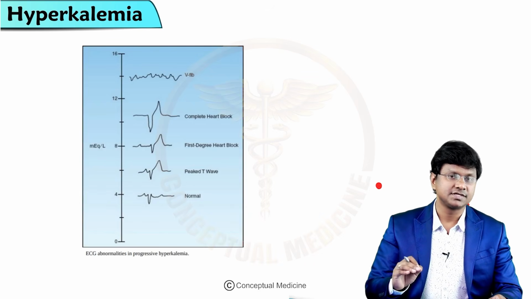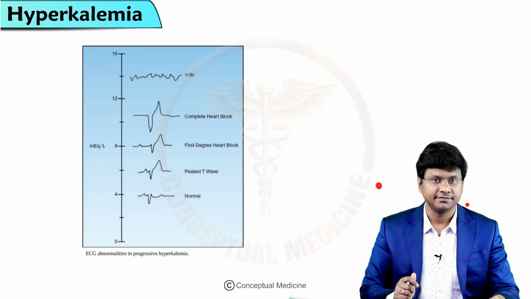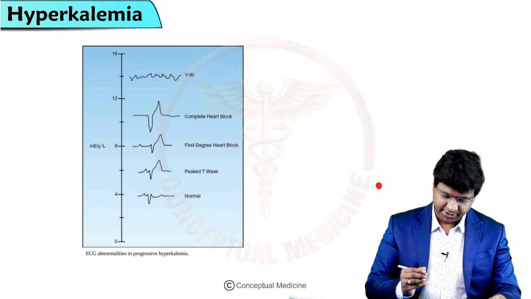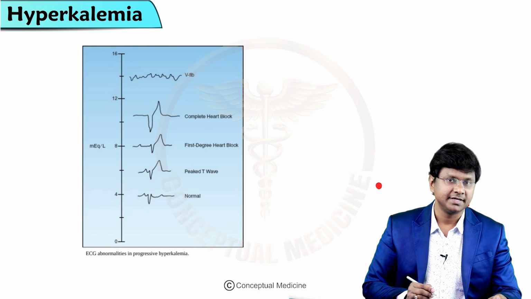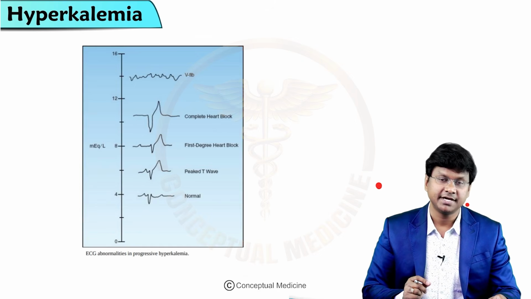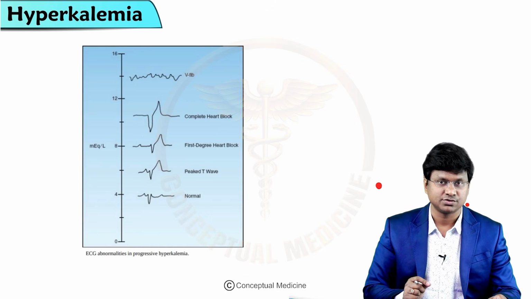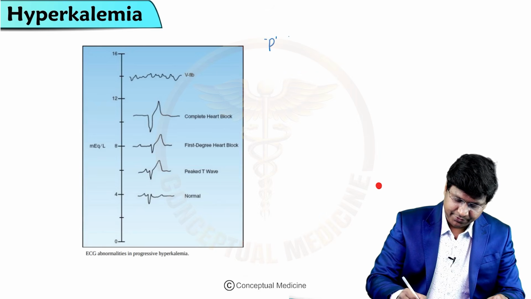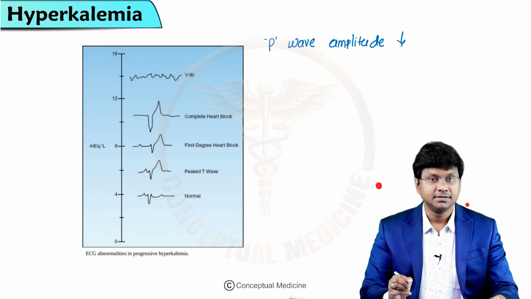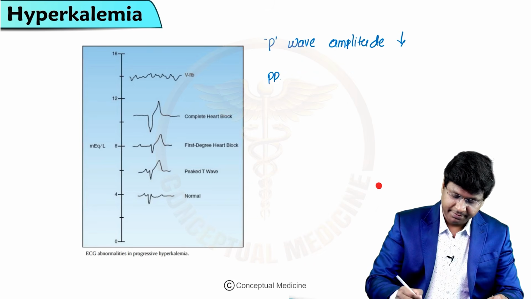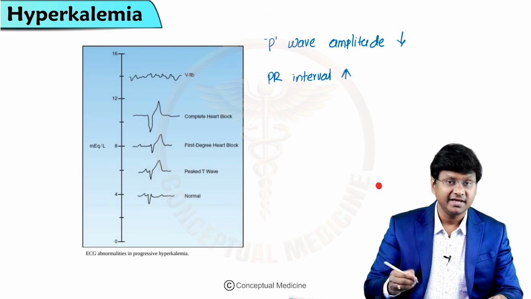After having discussed the earliest change, that is the tall T wave, the other ECG changes in patients with hyperkalemia include changes in the P wave, PR interval and QRS complex. The P wave amplitude decreases, and the PR interval will be prolonged.